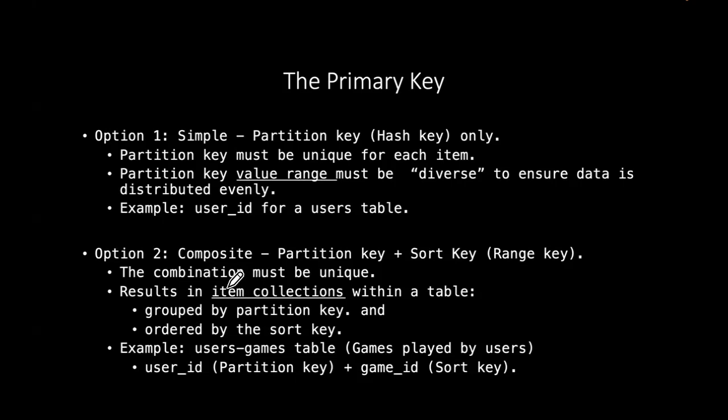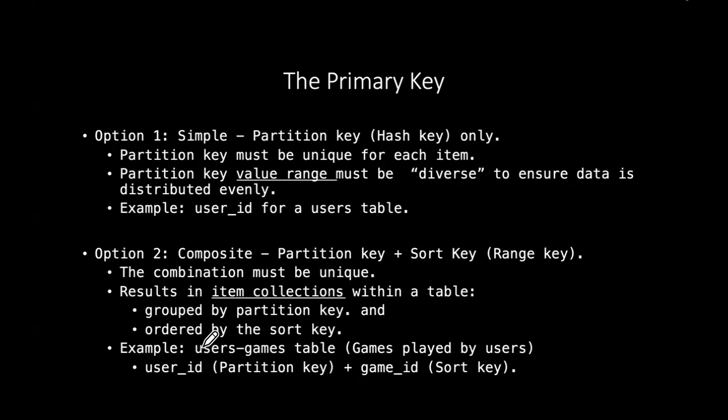Sorry, I should say as well that we have this notion of an item collection in this scenario, and an item collection is simply a collection of items that have the same partition key and a different sort key. And that collection, when they are read from the database, will actually be ordered in sort key order.